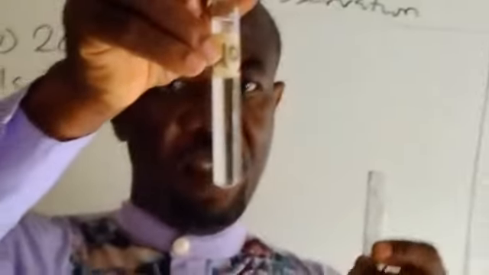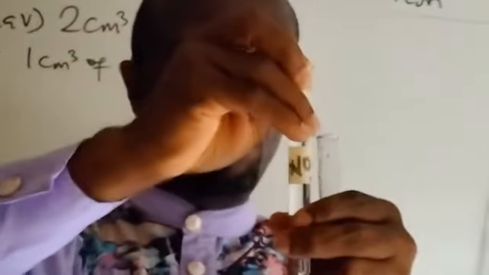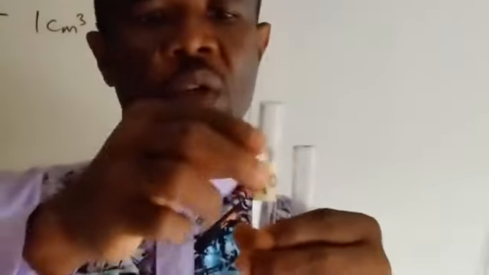Having done that, we're going to add HNO3 acid into it. This is freshly prepared HNO3 acid. Remove the cap. We're now going to add it. As I add, you observe this place and see whether anything will happen. We're going to add a little amount of the acid. You see, nothing happened.